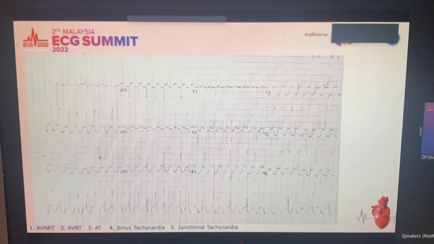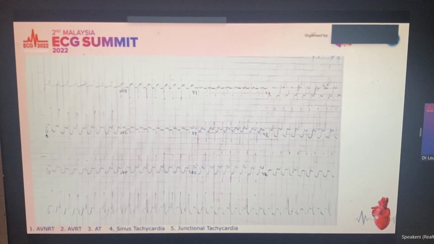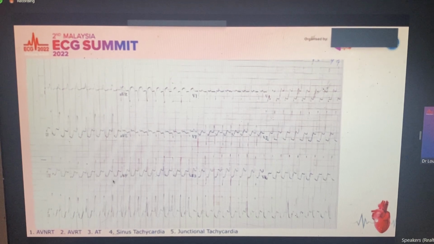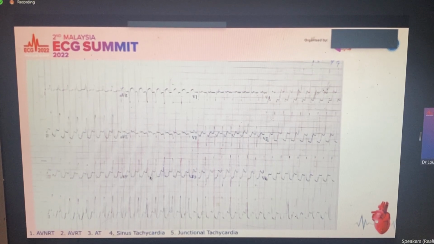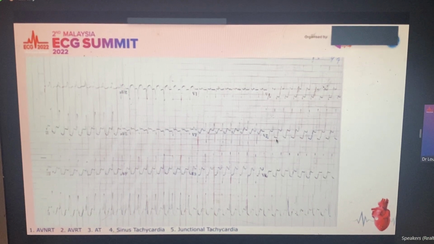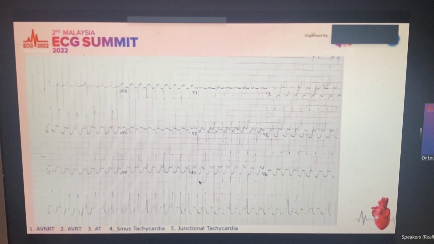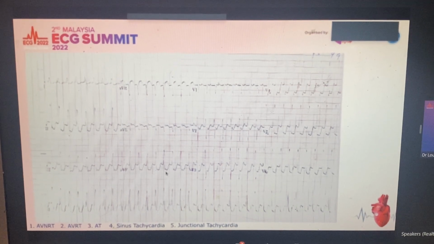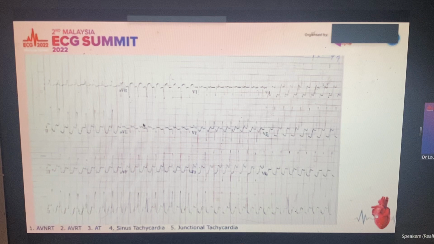However, again, in the inferior leads, you can clearly see a bump there, which looks like a negative P wave. And if we say that is the P wave, then there is probably a P wave here as well. Otherwise, you can't see any other P wave. So what I can gather from this ECG is a narrow complex, short RP tachycardia with a normal axis.